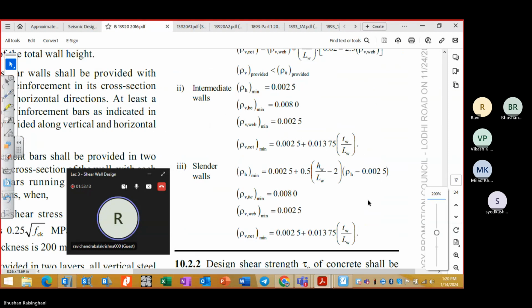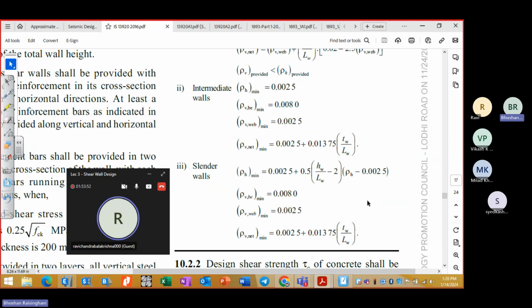Sir, let us suppose I'm getting a boundary element for the simple rectangle wall. So I have to design it as a CNT method, right? No, it is not a CNT method, but it will act as a flange, but it is not CNT. But just now you mentioned that CNT will be done for flanged shear walls. No, it is representative of that, but what we say is that CNT should actually be CNT type. It should not be a rectangle.